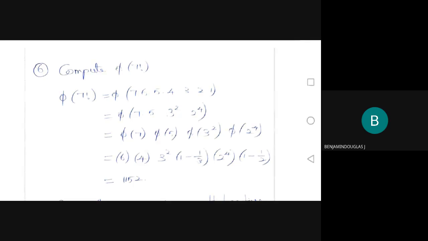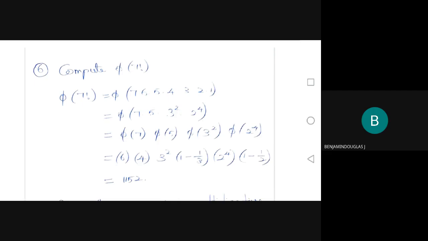So phi of 7 into phi of 5 into phi of 3 square into phi of 2 power 4. So phi of p is equal to p minus 1. So phi of 7 is 7 minus 1, that is 6. Phi of 5 is 5 minus 1, that is 4. Then phi of 3 square is equal to 3 square into 1 minus 1 by 3.